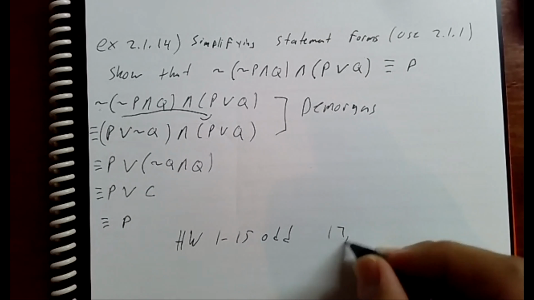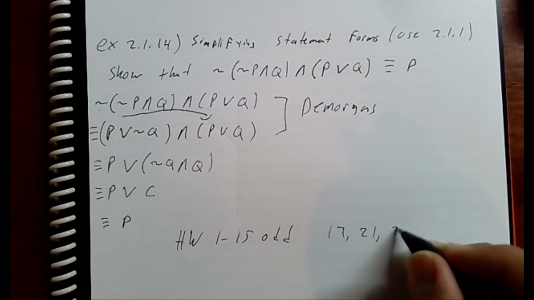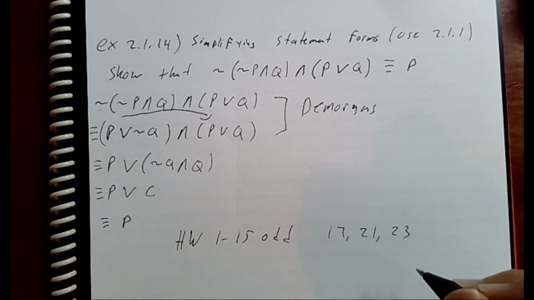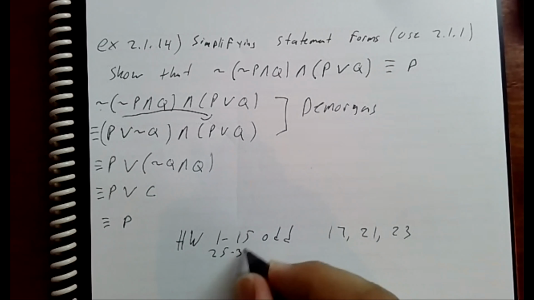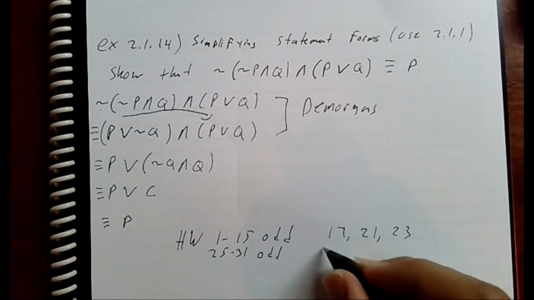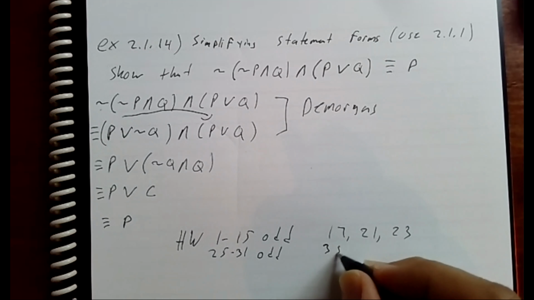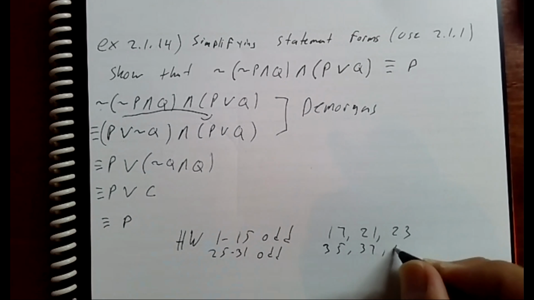Then do 17, 21, 23, 25 through 31 odd. 35, 37. Okay. 45.